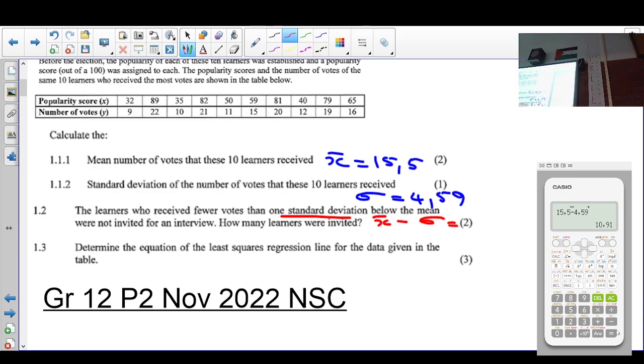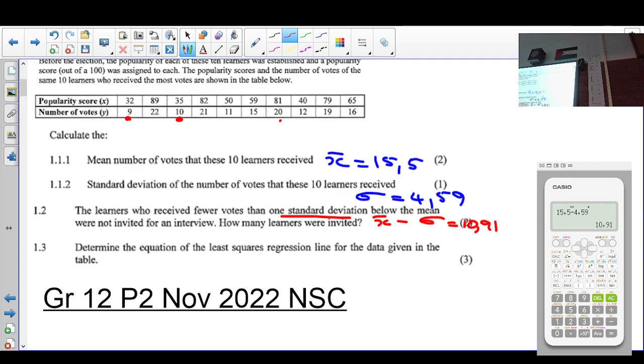Whichever is less than 10.91 is lower than one standard deviation below the mean. Is 9 lower? Yes. 10? Yes. 11? No. 22? No. 21? No. 15? No. 20? No. 12? No. 19? No. 16? No. So how many are less than one standard deviation?